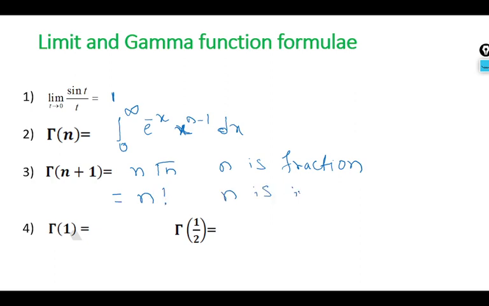So this property is important that we require in numericals mainly. And the last two values: gamma 1 is 1, gamma half is root pi. So these properties you must know for the Laplace there.